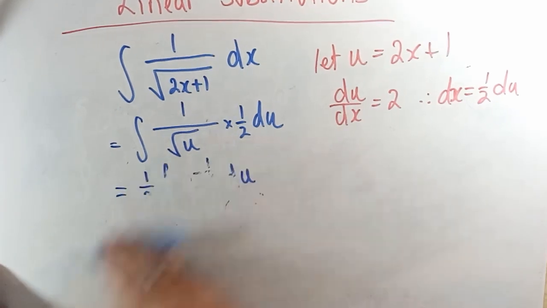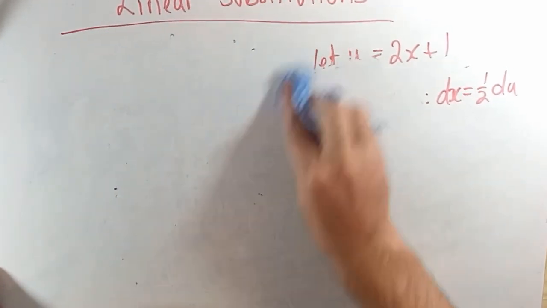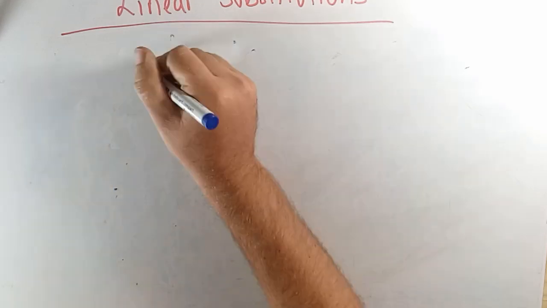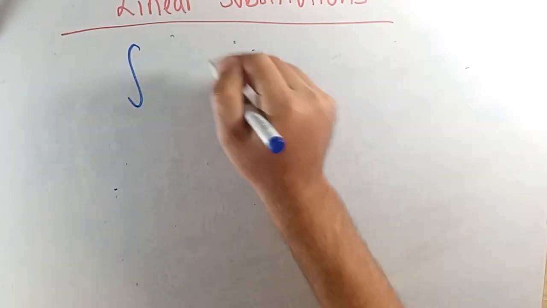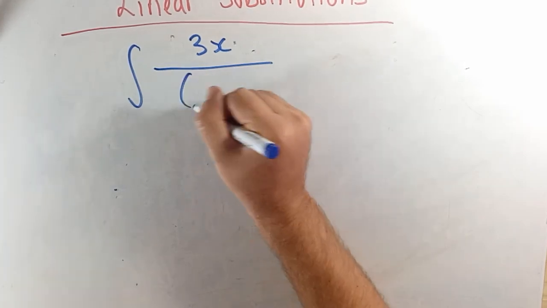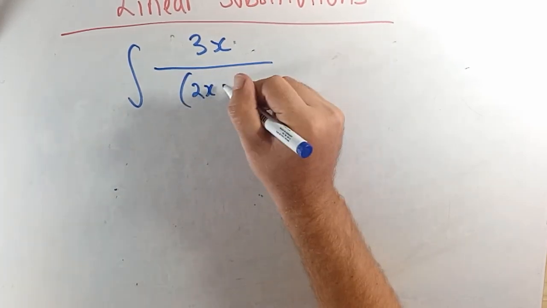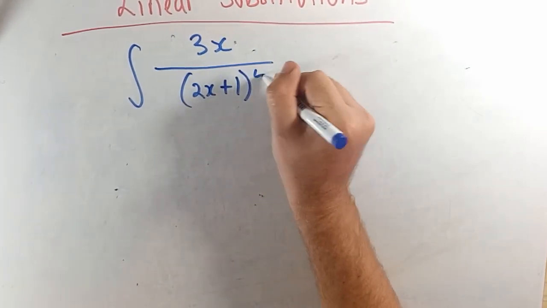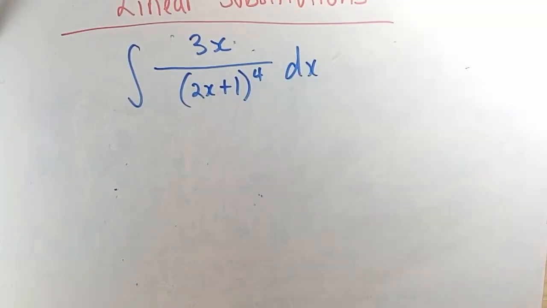Let's do the next one. Okay, which one do I want to do this time? I want to do this one. All right, last one: 3x over 2x plus 1 to the power of 4 dx.